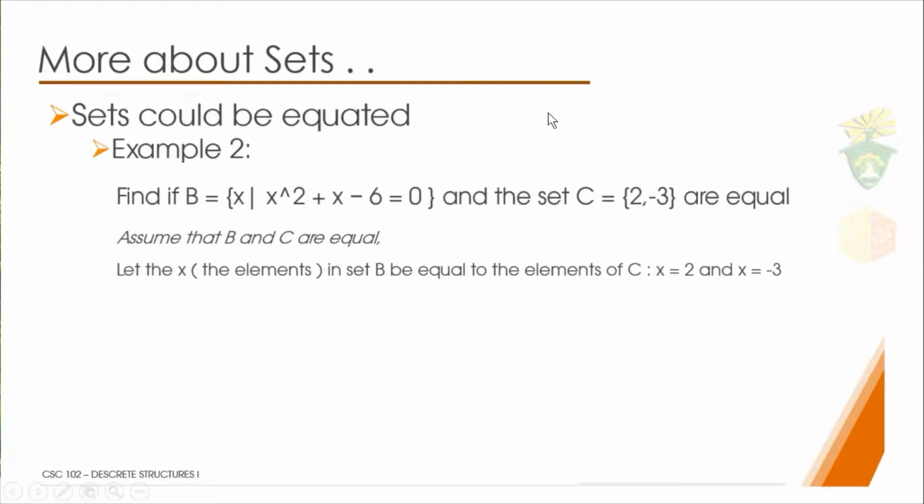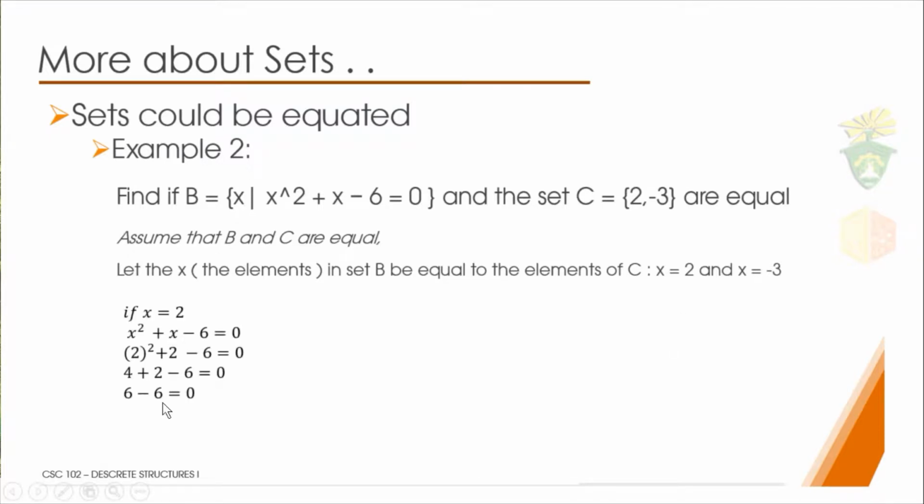So in that case, let us assume that the elements of B are 2 and negative 3, and see if these two values really do satisfy this equation. If they do, then it means that B and C are equal.